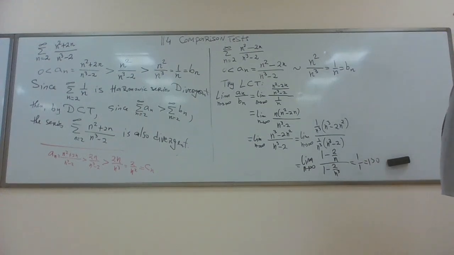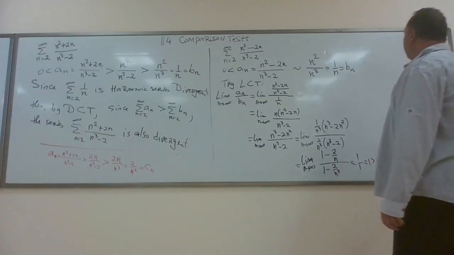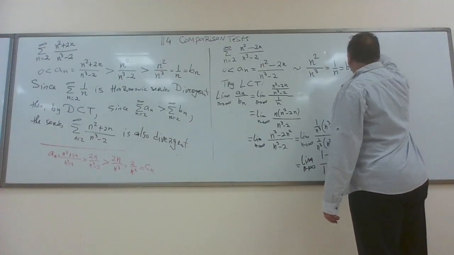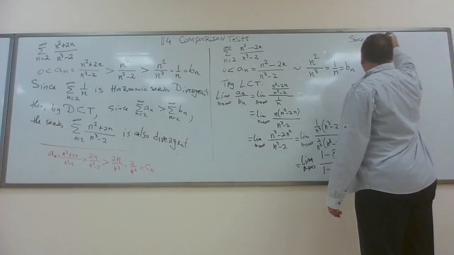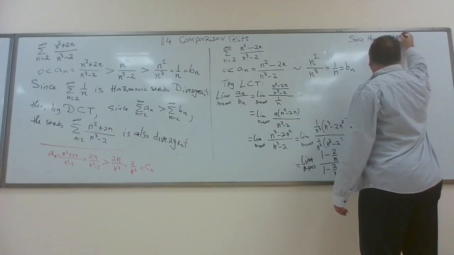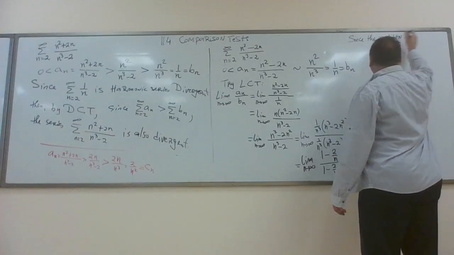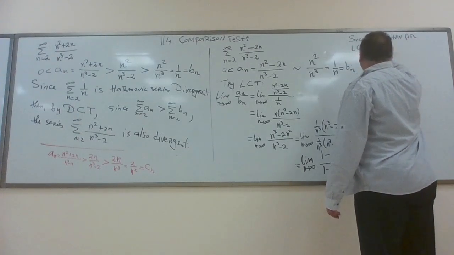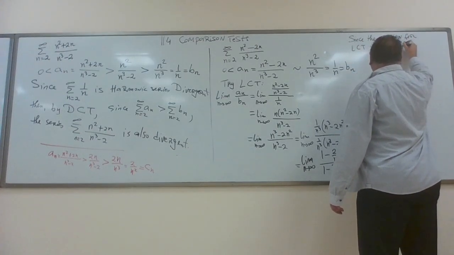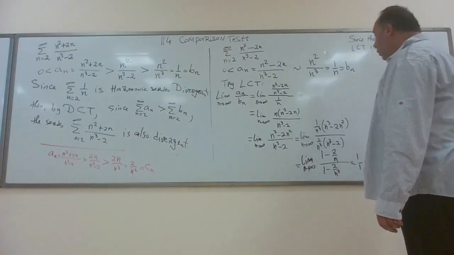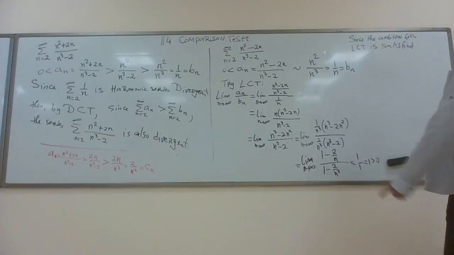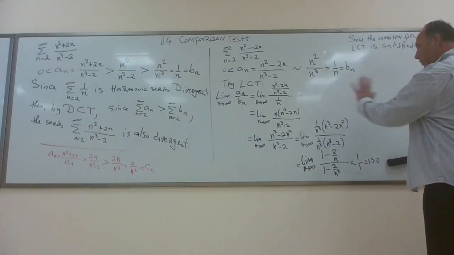I satisfy the condition for LCT. Since the condition for LCT is satisfied, this is mandatory. We cannot use the LCT without checking this. I know it's annoying, but we must do it.